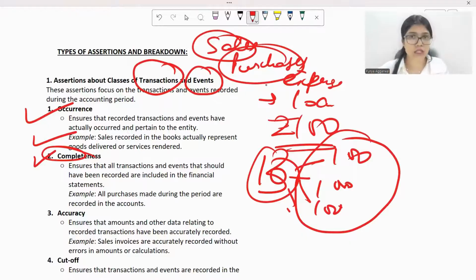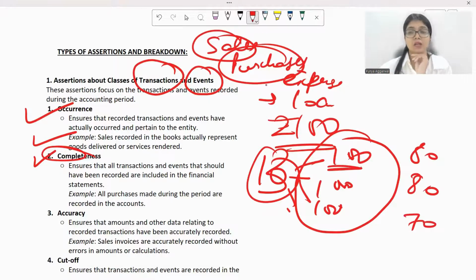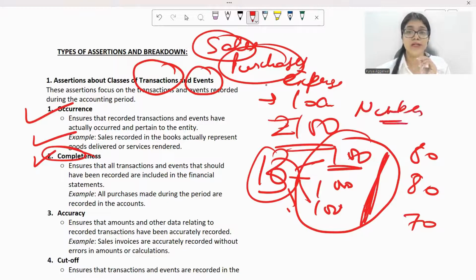I am not concerned if the sale was 100, whether I recognized 80 in the books of account, whether I recorded 80 or I recorded 70. I am just concerned about the number of transactions when we talk about completeness. Okay, when I say that goods dispatched notes are 10, I'm just concerned about the number, the quantity 10.